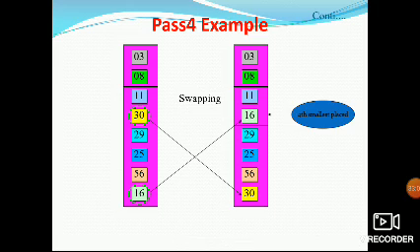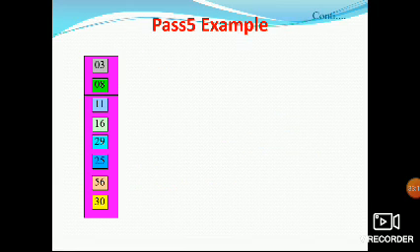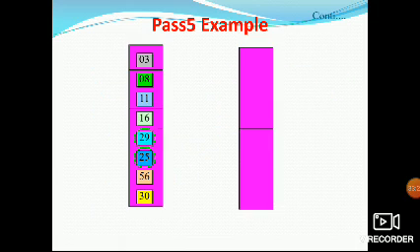In total we have 7 passes, because if you have n elements, the selection sort requires n minus 1 passes. So how many passes did we do? N minus 1 passes. So 8 minus 1 means 7 passes. So this is the 5th pass.